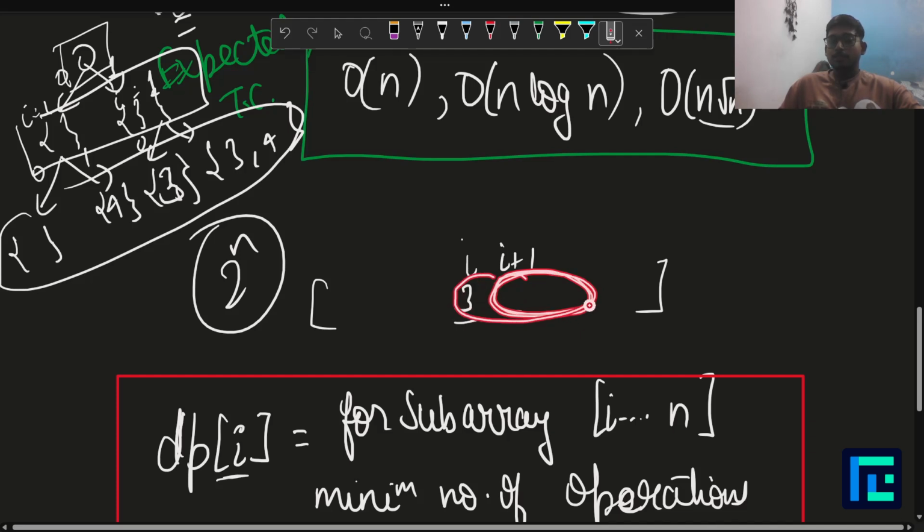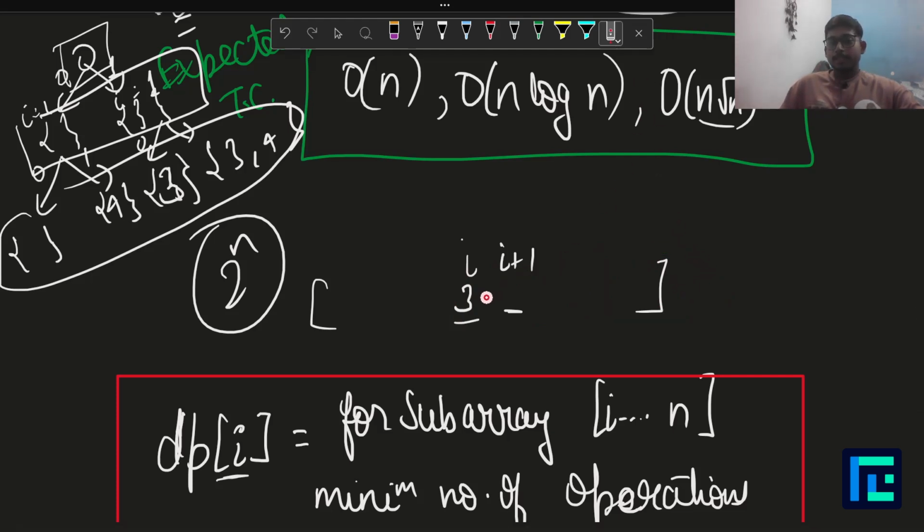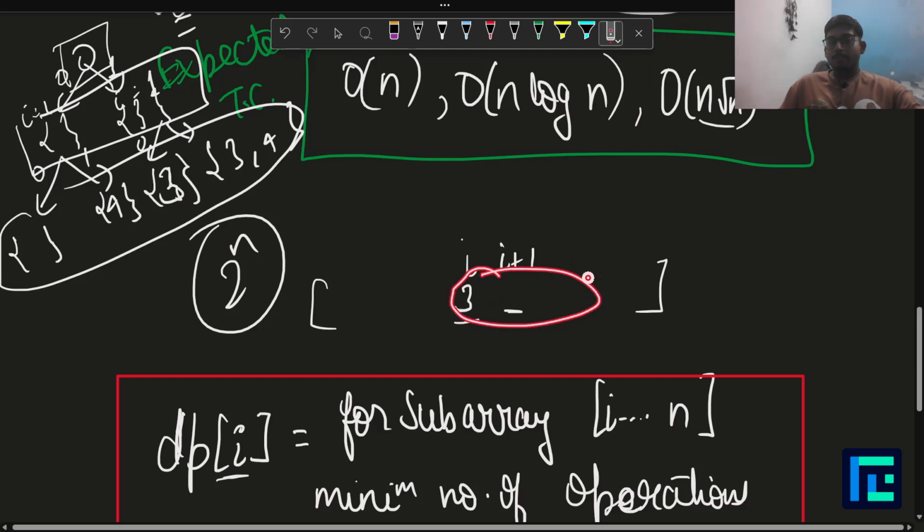These 4 elements should be there to make it a beautiful block. And after those 3 elements, the remaining array should be beautiful. Basically, you have this single block, which is beautiful, no need to remove anything, and then make the remaining beautiful.